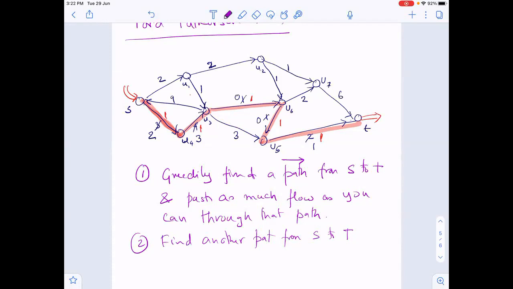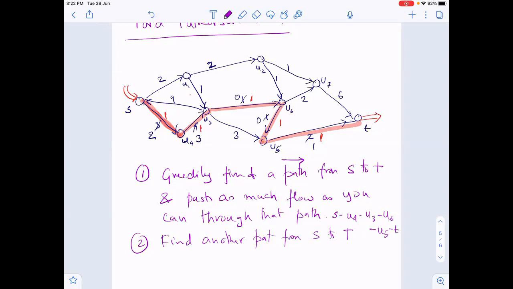Okay. So maybe this initial path that was there was S, U4, U3, U6, U5, and T. Okay.